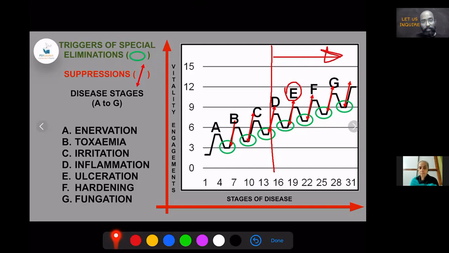Further, when hardening is also suppressed through many means in the name of treatments, then the fungation or cancer stage happens, where it gets spread along the body, and the body is considered at that point in time as perishable for the sake of universal homeostasis. So homeostasis is maintained in any way.